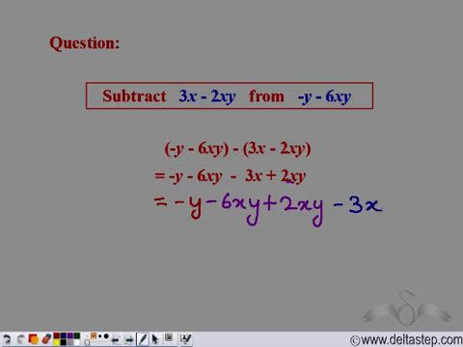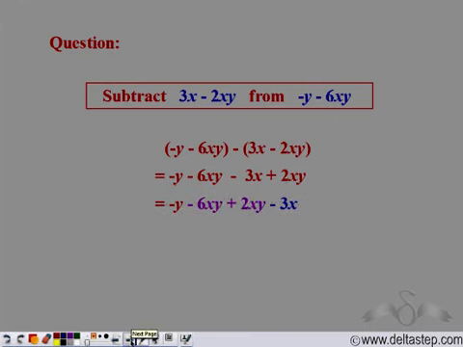So these two are like terms. This is an unlike term and this is an unlike term. So we can combine these two and we get the answer as minus y, minus 6xy plus 2xy gives us minus 4xy, minus 3x. So this is the correct answer.